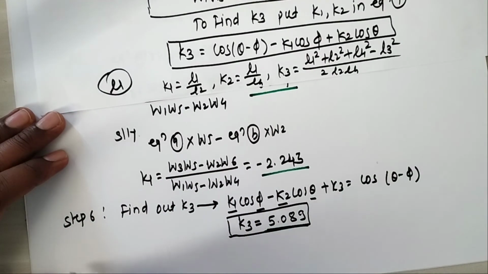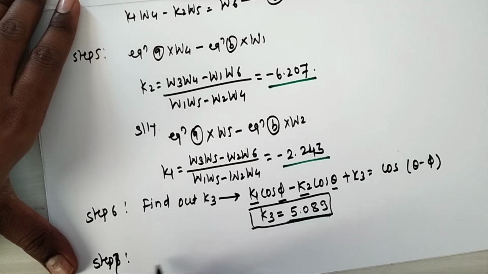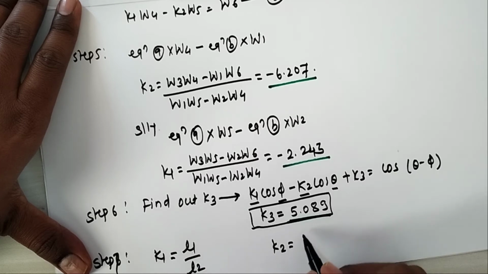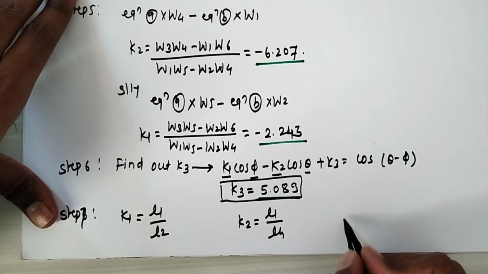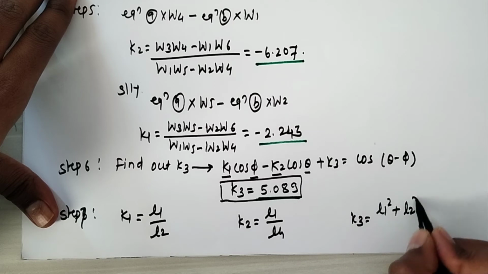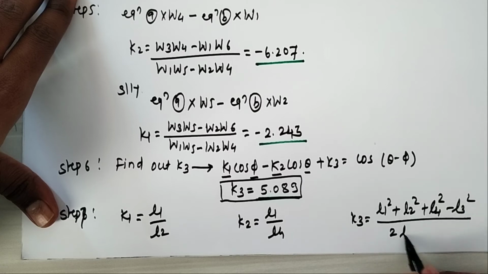So in the last step, step number 7, you know the formula for K1, it is L1 upon L2, K2 is equal to L1 upon L4, and for K3 we have the equation L1 square plus L2 square plus L4 square minus L3 square upon twice L2 L4.